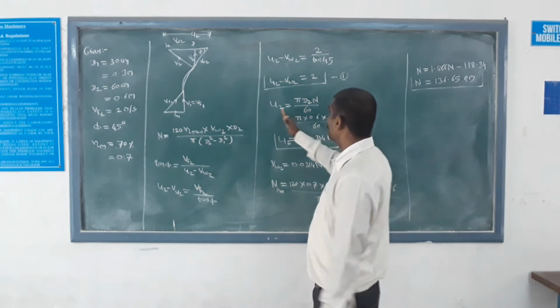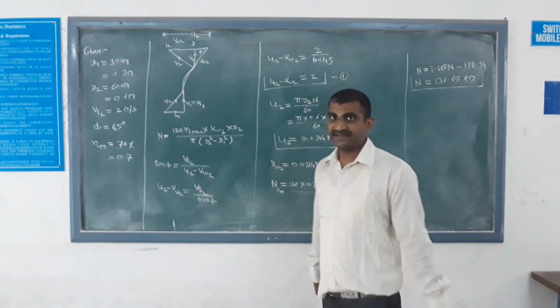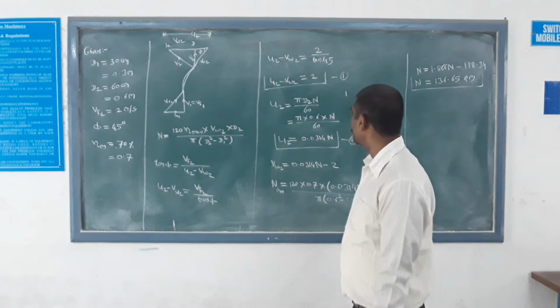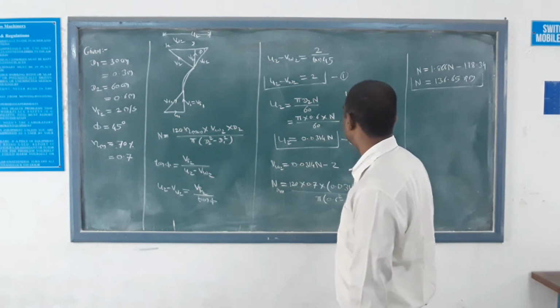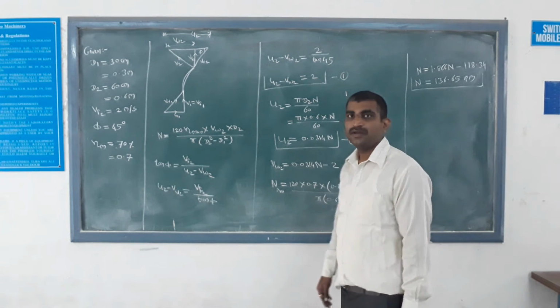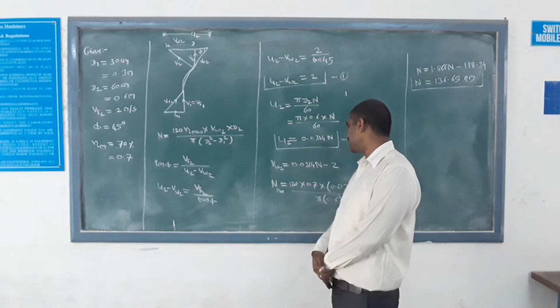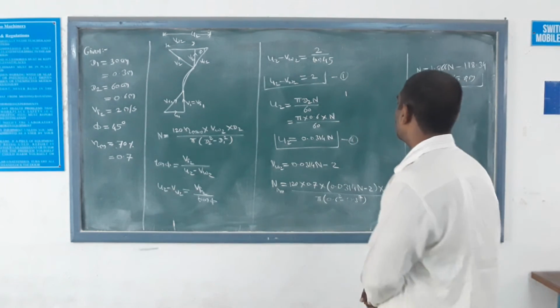After that, we have U2 equal to pi D2 N by 60. From this we calculate U2 in terms of N, equal to 0.0314 N. So VW2 equal to 0.0314 N minus 2, from equations 1 and 2.